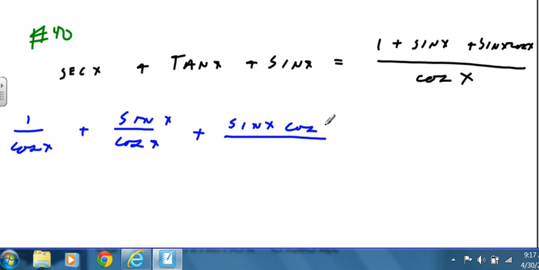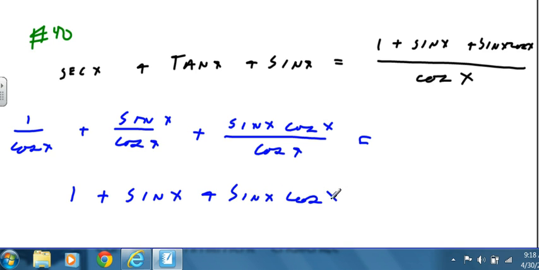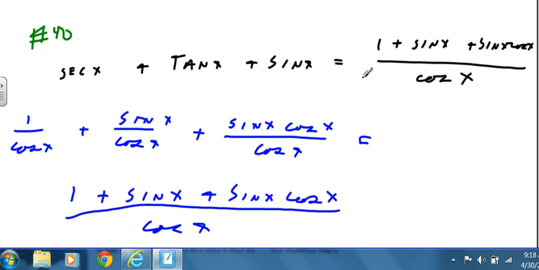So I'll multiply both sides by cosine x. And then I'm going to have 1 plus sine x plus sine x cosine x divided by cosine x. Say it's not so. We're done already. What a bummer.